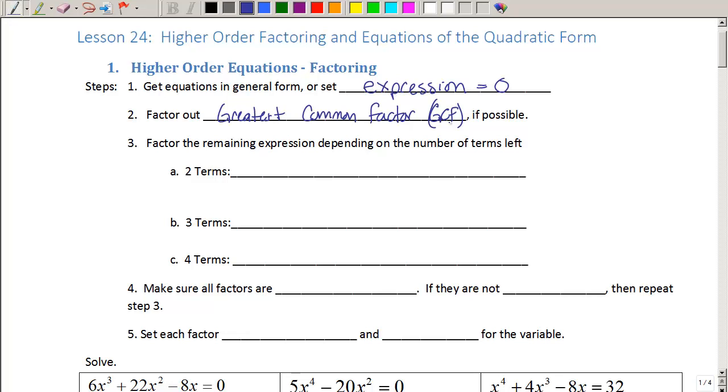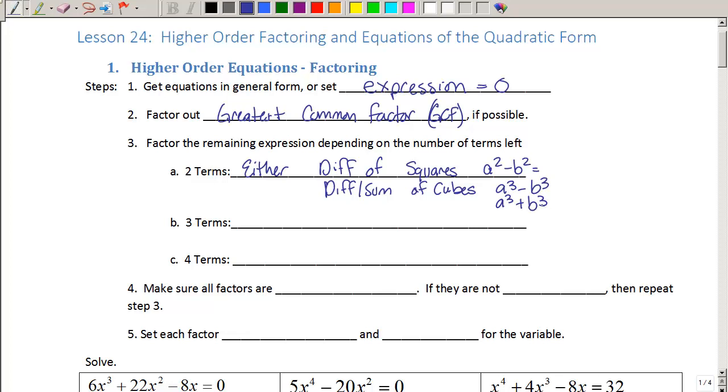If there are 2 terms, you're going to use a formula, either difference of squares, which is a squared minus b squared, or difference or sum of cubes, which could look like a cubed minus b cubed, or a cubed plus b cubed.